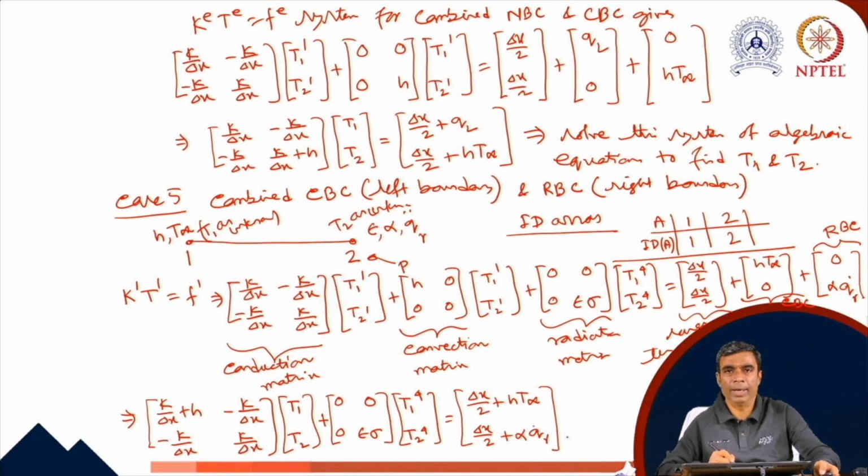So this is the final matrix equation system when we have convective and radiative boundary condition at the extremities.